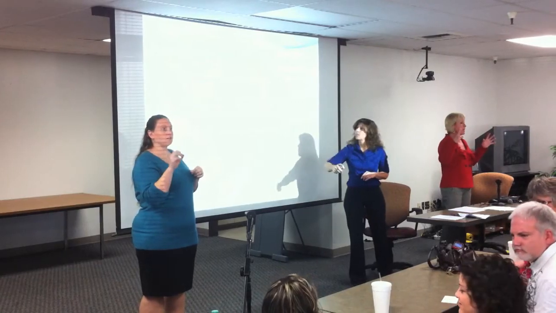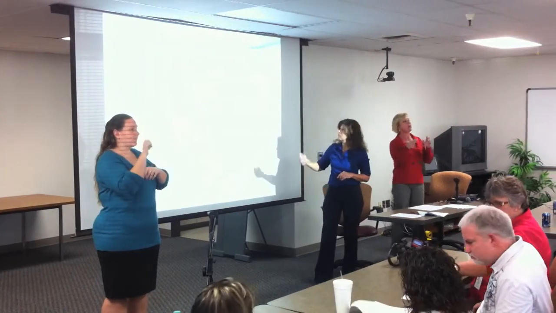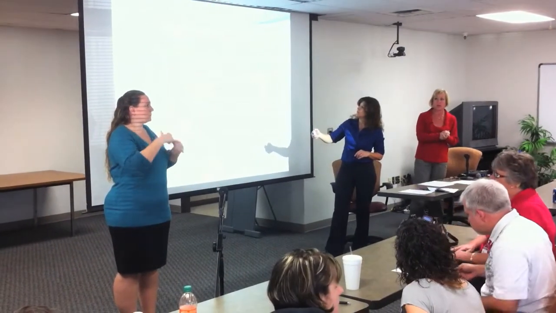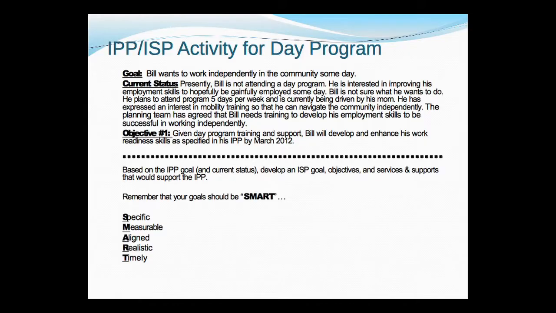So for 10 minutes, because we want to finish by 4 and we still have other things to go over, work with your table on your specific goal. You have until 3:25 to pull it together, and when you're working on this, keep in mind your SMART goals.